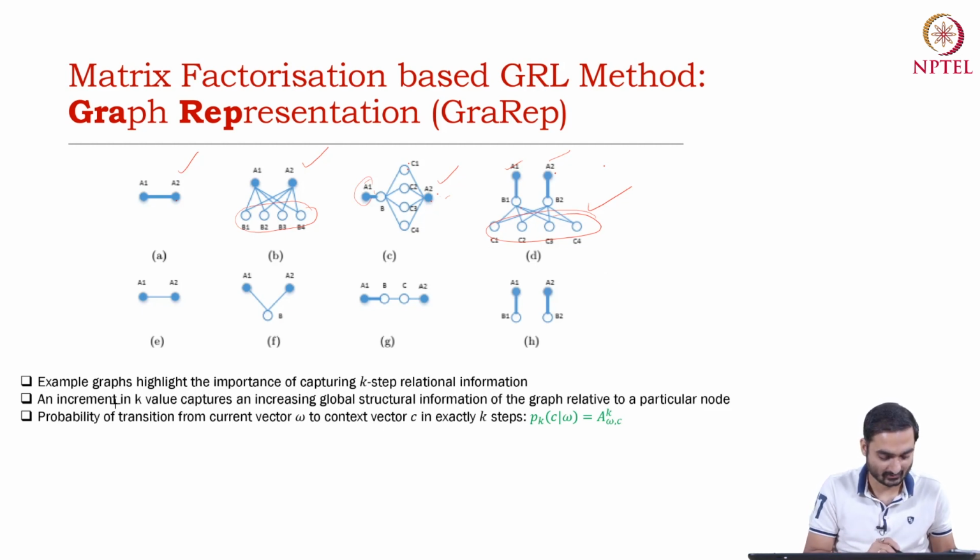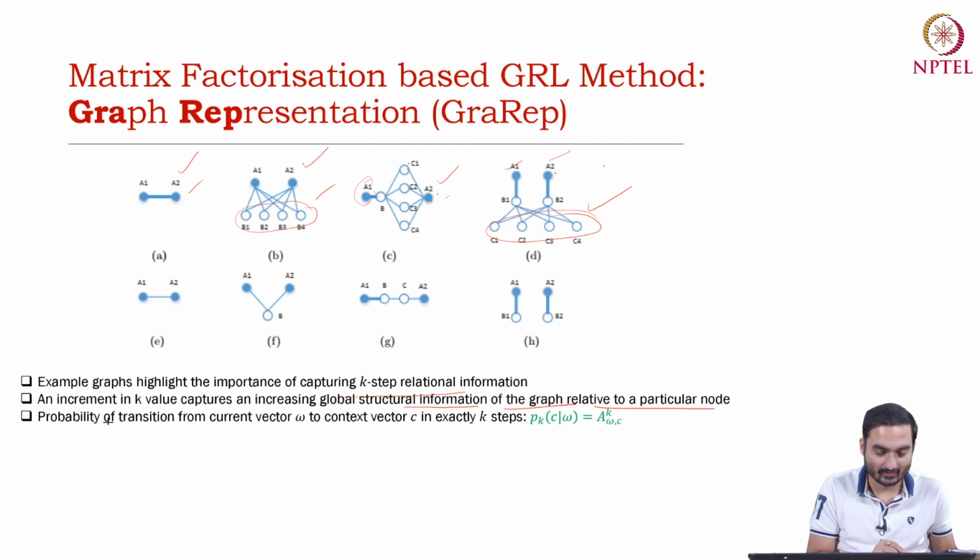So, how do we capture this? All these example graphs highlight the importance of capturing k-step relational information. Now k is the k-step relation; this is k equals 1, k equals 2. An increment in k value captures increasing global structural information of the graph relative to the particular node.